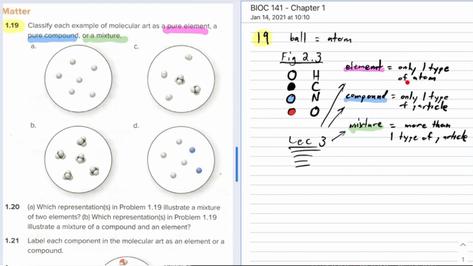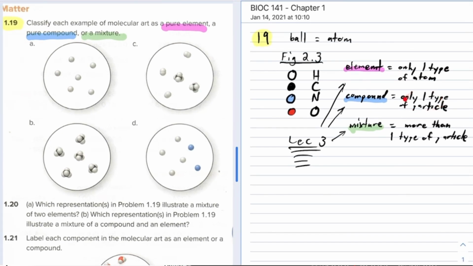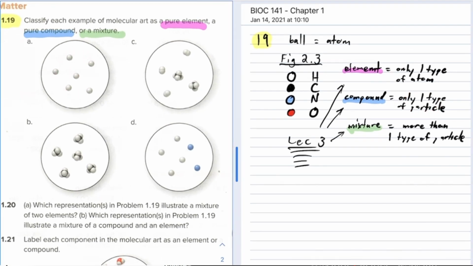It's only one type of atom in here. Now you might say, well, it's only one type of particle, so maybe this is a compound. But if you have one type of particle and you know they're all the same color, then this is an element. So that narrows you down to an element.